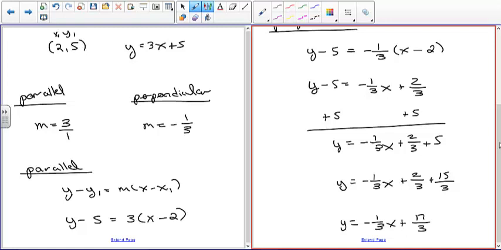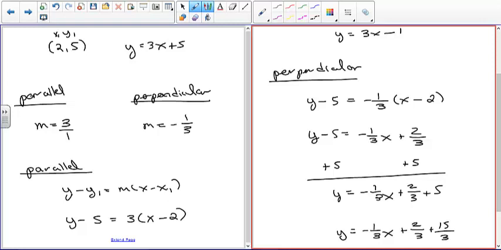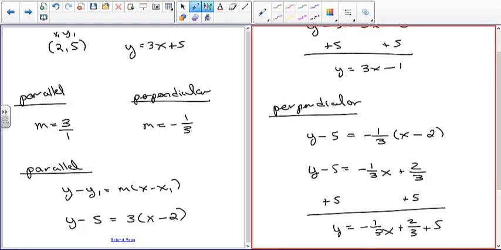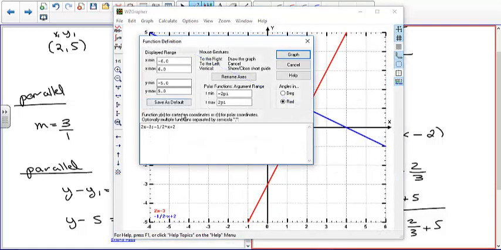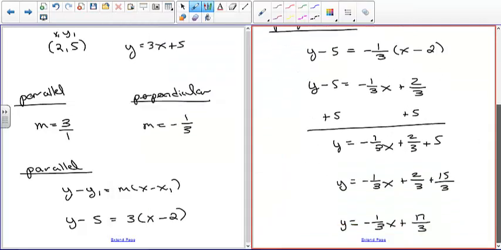So those are the two equations. So let's plot those. First one's pretty simple. 3x minus 1. The second one's a little more difficult. Worries me a little bit.